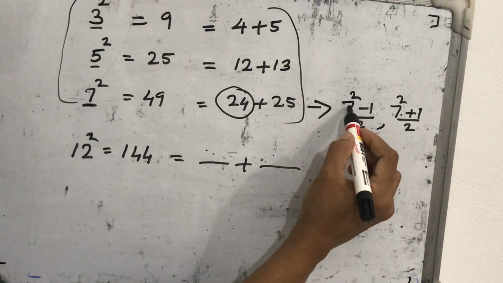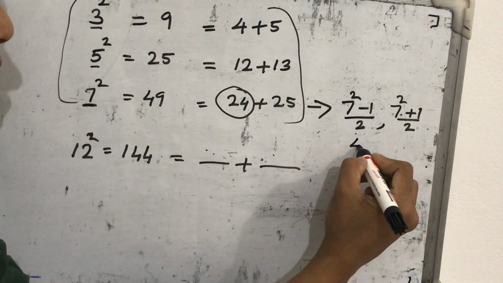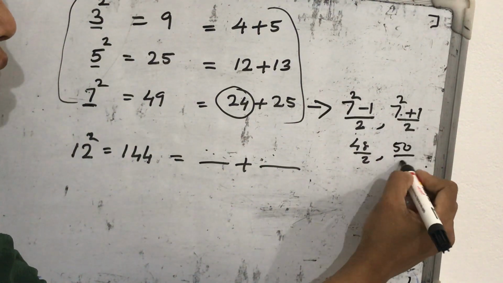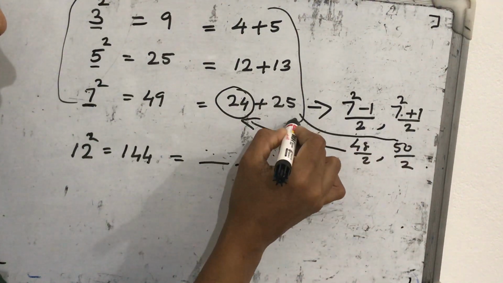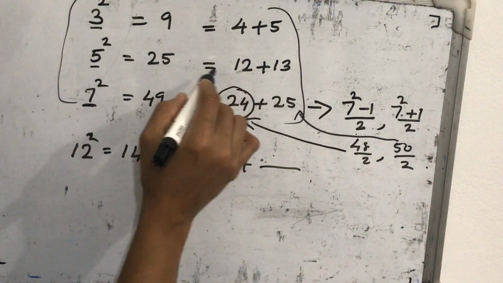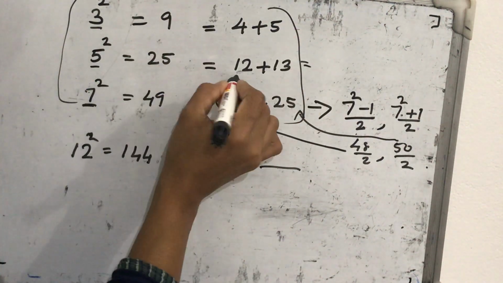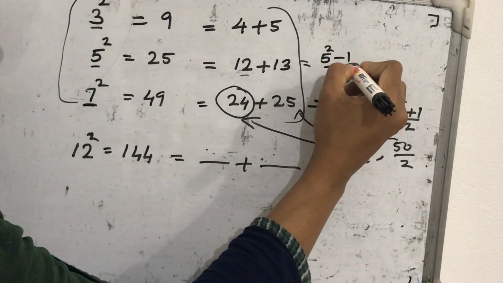Now look, 7 squared we know is 49. 49 minus 1 is 48, and 49 plus 1 is 50. 48 by 2 is 24, and 50 by 2 is 25. Just like that, here 5 squared is the number. For getting the first number 12, we use 5 squared minus 1, by 2.